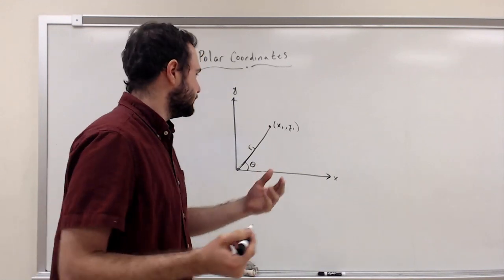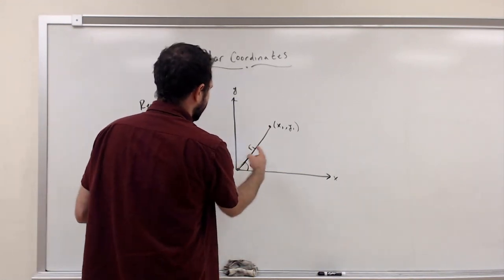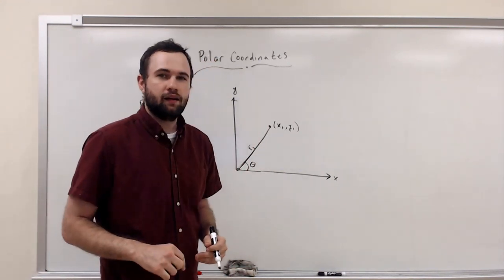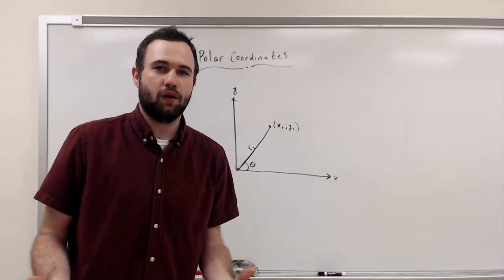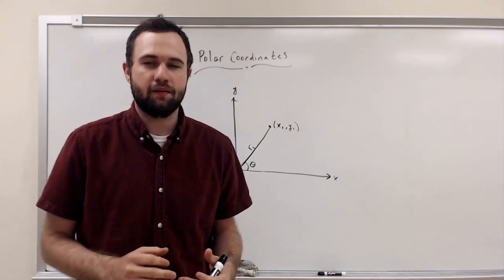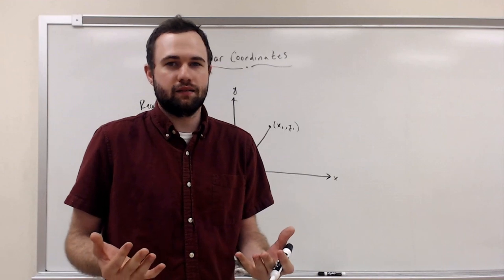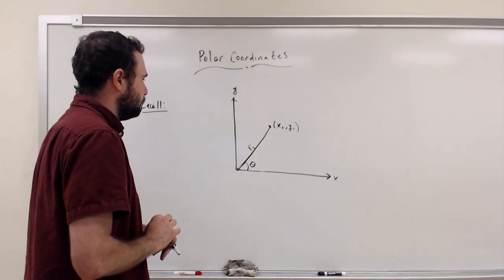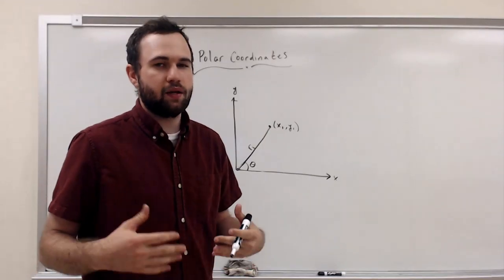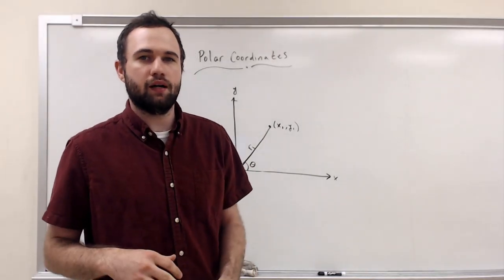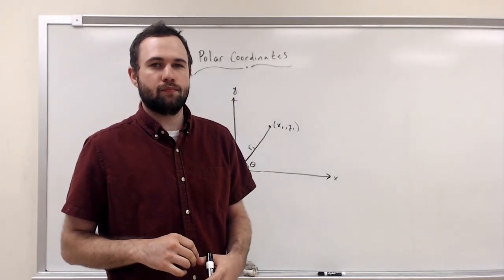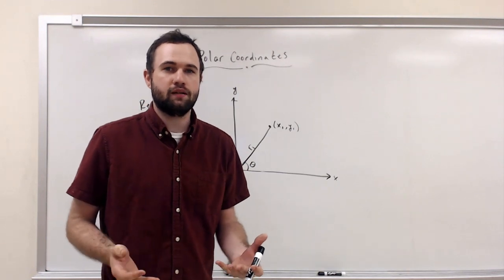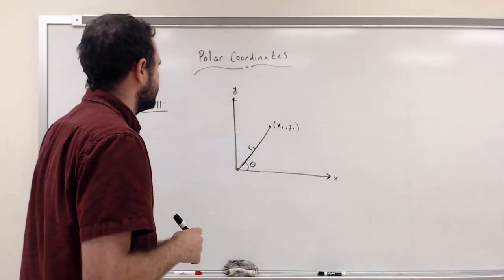Up to, obviously, I could take this theta, go around 2 pi again, and I'm back to where I was, and I could do that an infinite number of times. So we don't have uniqueness necessarily, but it makes sense. We can still use this to express a point in polar coordinates like this.